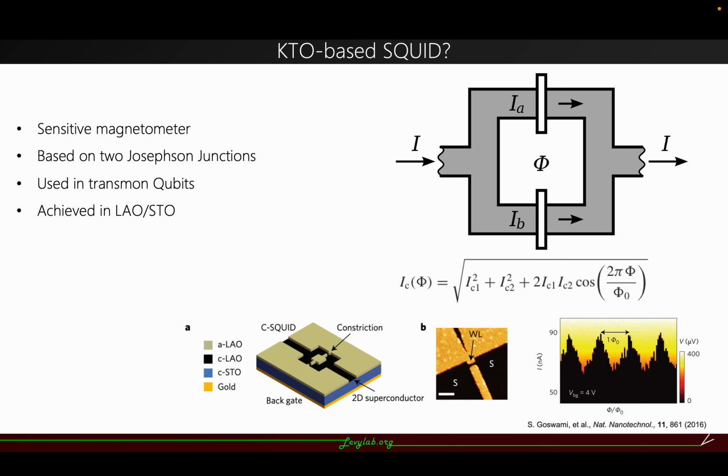And since we have this superconducting system and we have the ability to create nano devices, one intuition would be creating a superconducting quantum interference device, which is a SQUID. Usually people use a SQUID as a sensitive magnetometer. It consists of two parallel Josephson junctions that form a loop between them, and its IV characteristic is very sensitive to the flux through the loop.